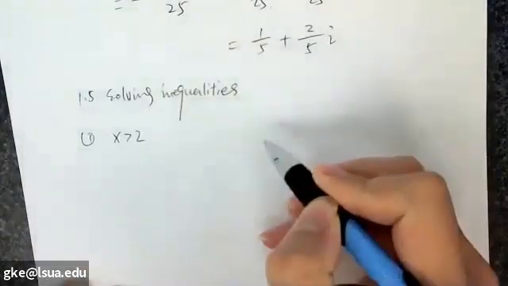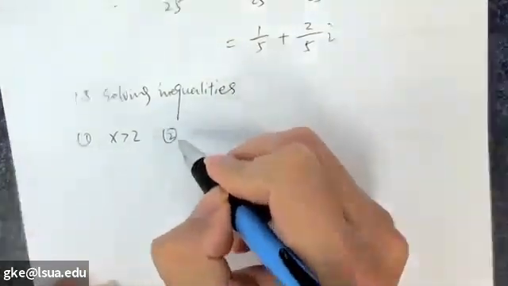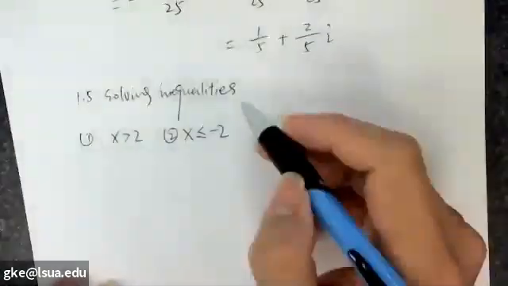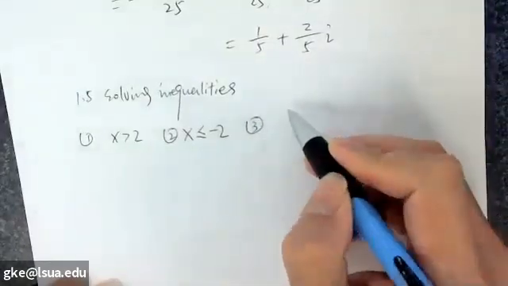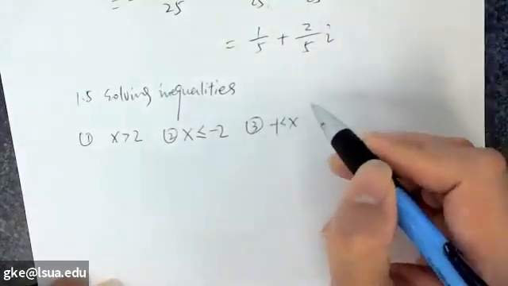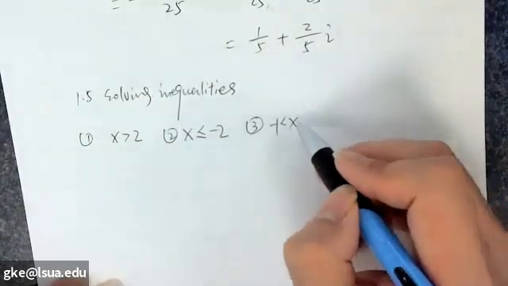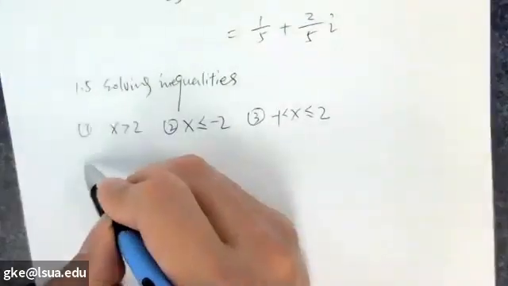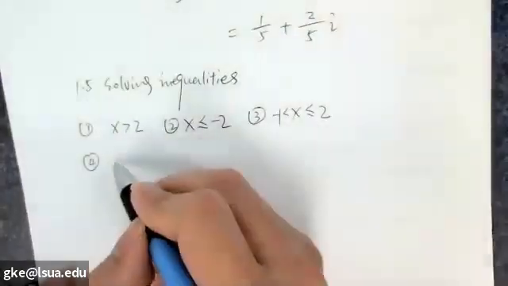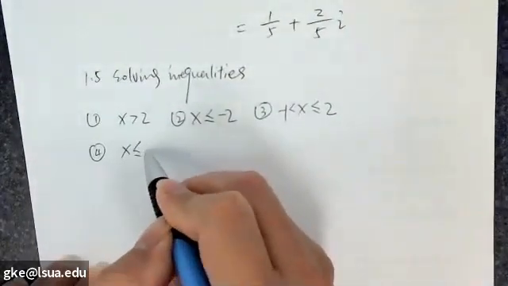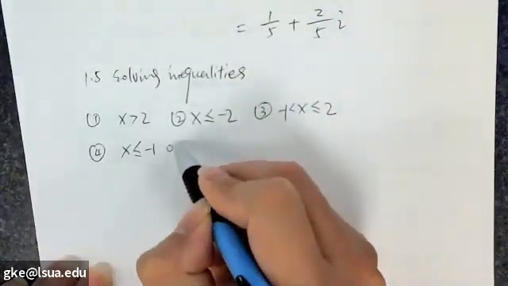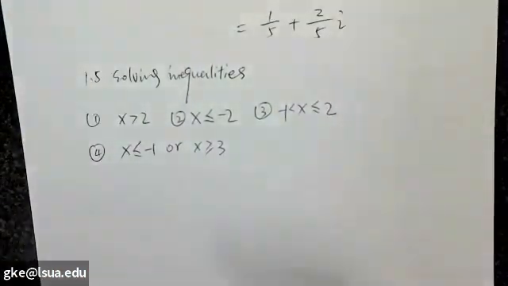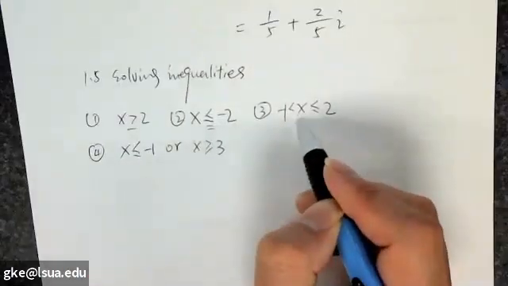For example, x greater than 2, x less than or equal to negative 2, 3, x greater than negative 1, less than or equal to 2, 4, x less than or equal to negative 1, or x greater than or equal to 3. So this kind of notation.